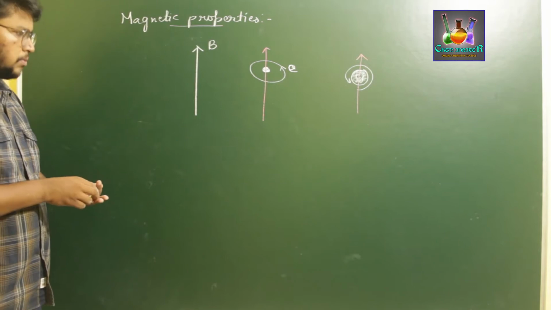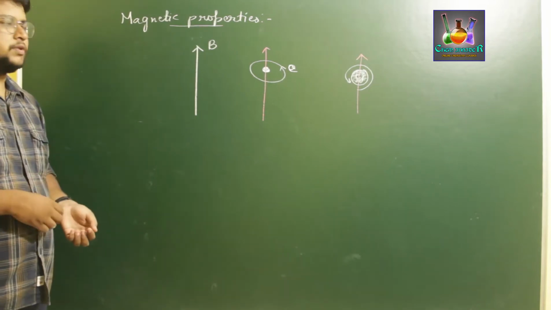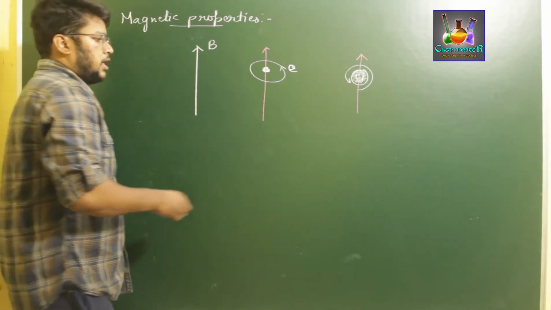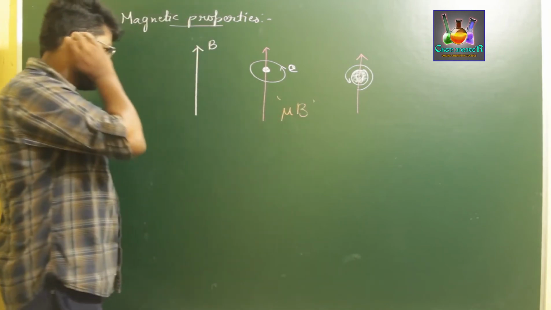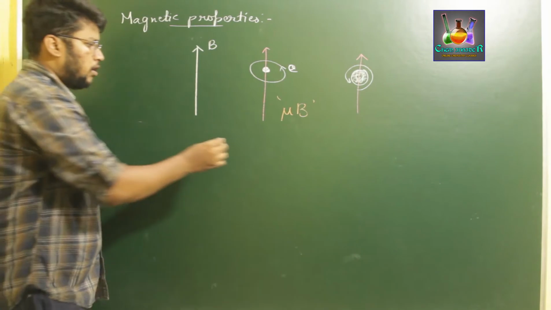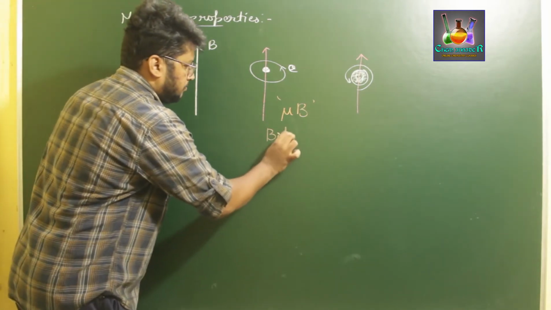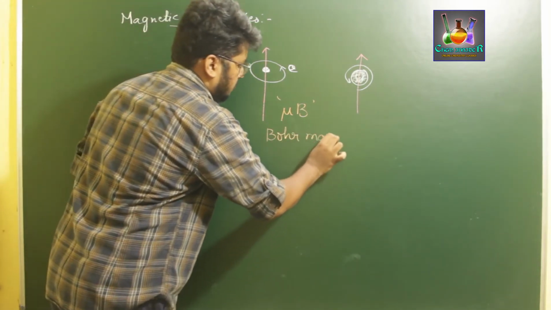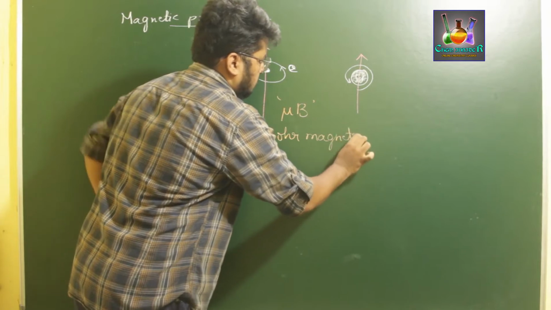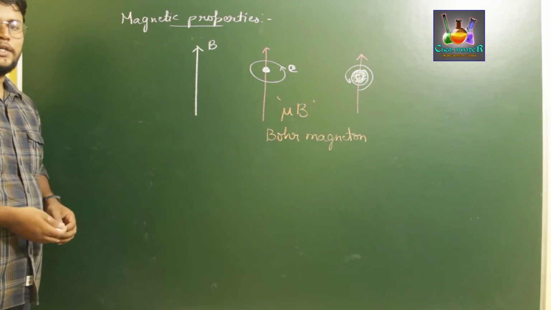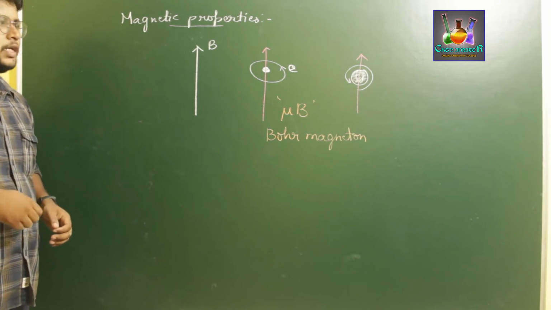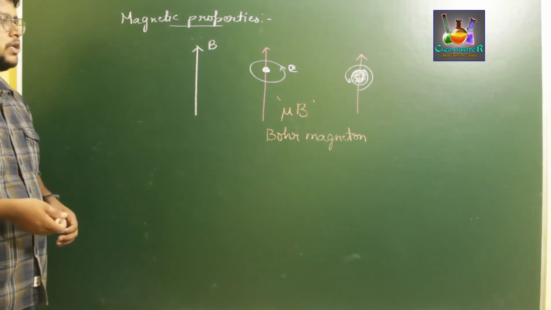Those two magnetic moments combine with one another to form our desired magnetic moment called the Bohr magneton, which is given by the symbol mu B. An electron experiences a magnetic moment in its revolution around the nucleus and in its own rotation.